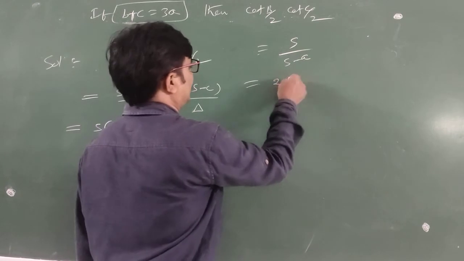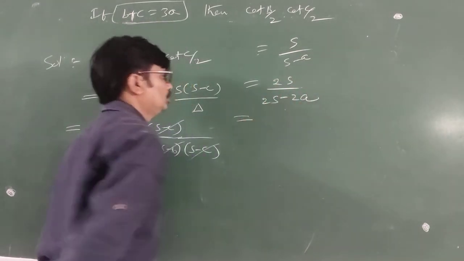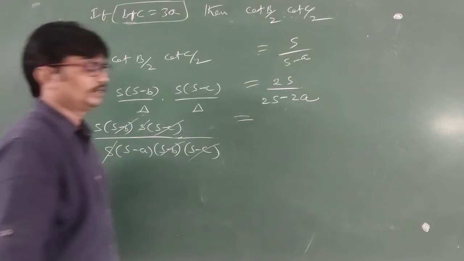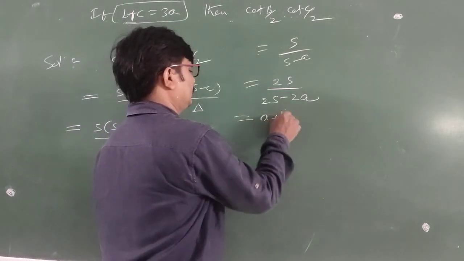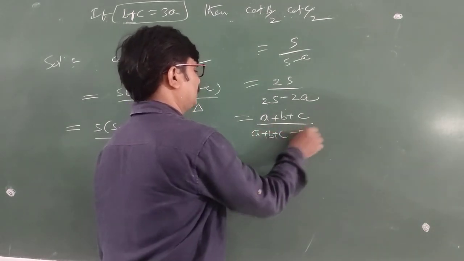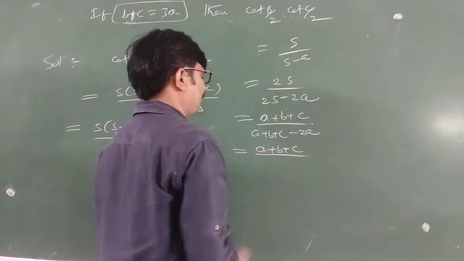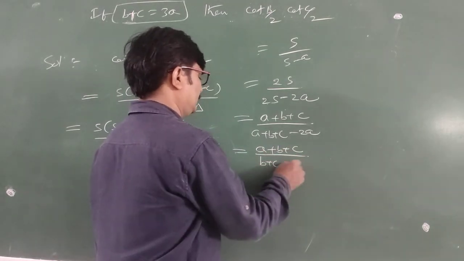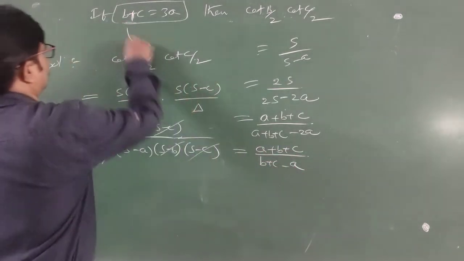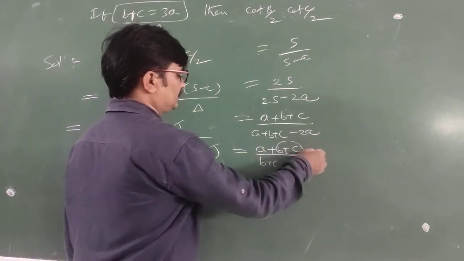In the numerator and the denominator we have to multiply by 2. 2s by 2s minus 2a. 2s is nothing but a plus b plus c. This is also a plus b plus c minus 2a. So students, a plus b plus c upon b plus c minus a. What is given? B plus c is 3a.